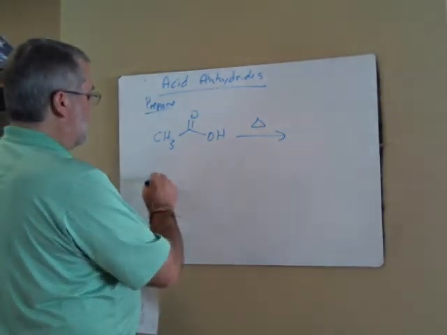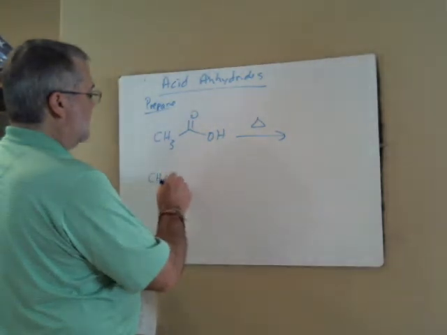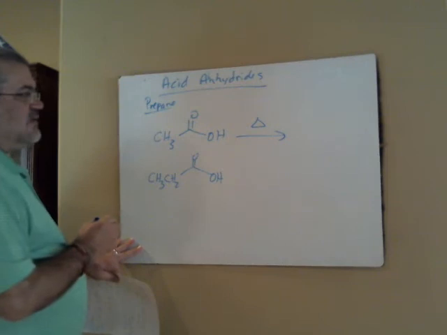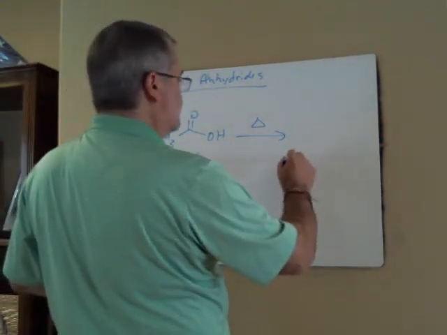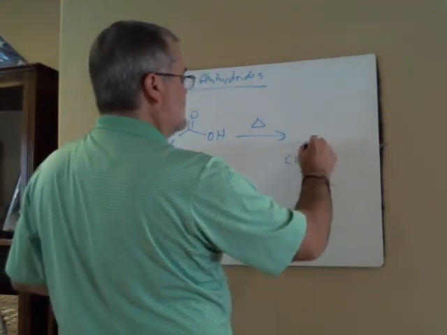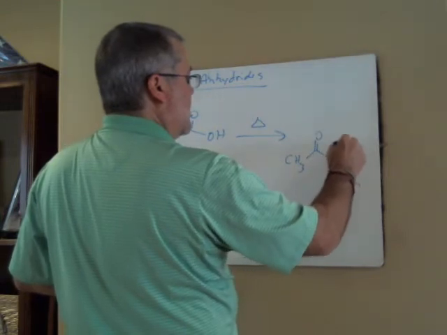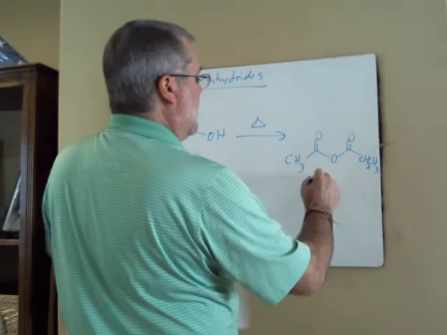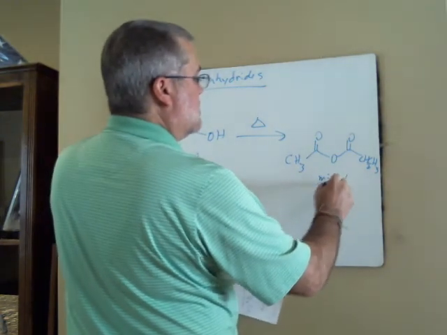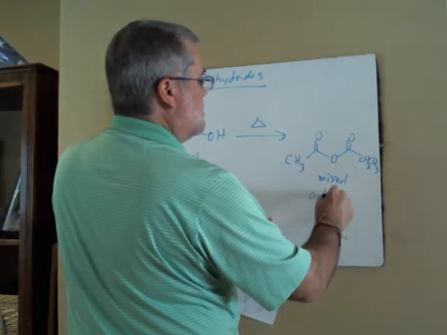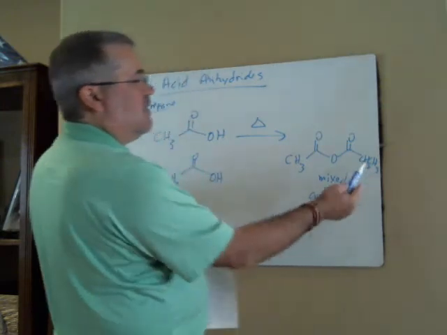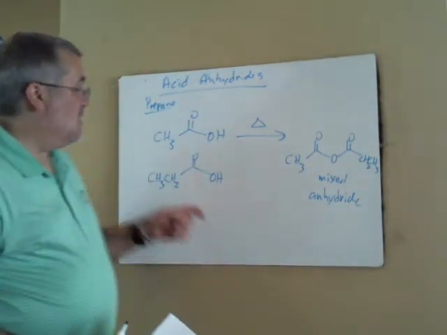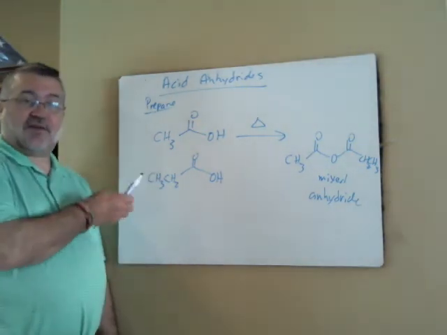Let's just take acetic acid and this acid, heat them, and I should be able to make the mixed anhydride. Because these two R groups are now different. It's not symmetric. So how well do you think this reaction is going to work?